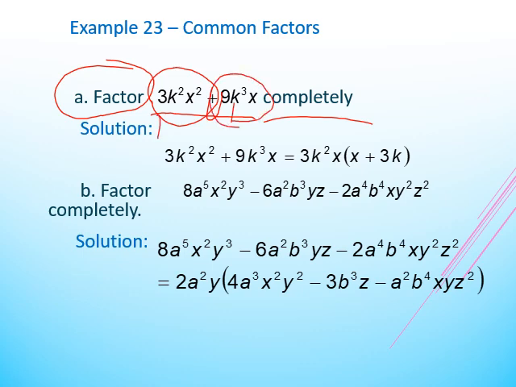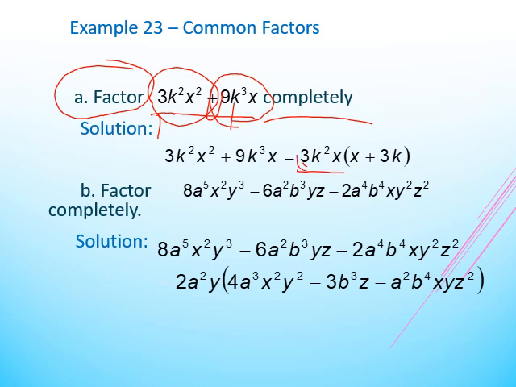If we look at the numbers, 3 and 9, we take the least, so the common factor is 3. For k squared and k to the power 3, we take the least, so k to the power 2. And for x squared and x, we take the least, so the common factor will be x.